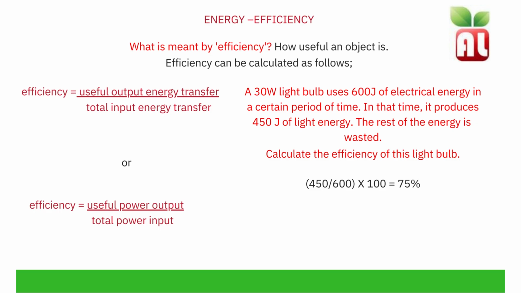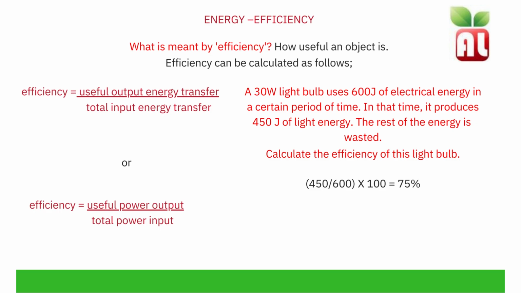An example question. A 30-watt light bulb uses 600 joules of electrical energy in a certain period of time. In that time, it produces 450 joules of light energy, and the rest of the energy is wasted. Calculate the efficiency of the light bulb.